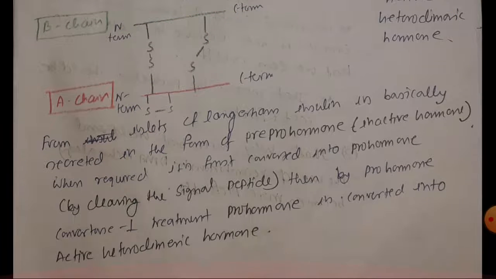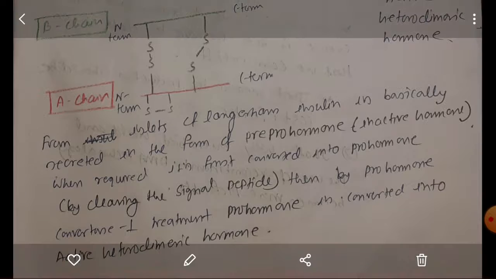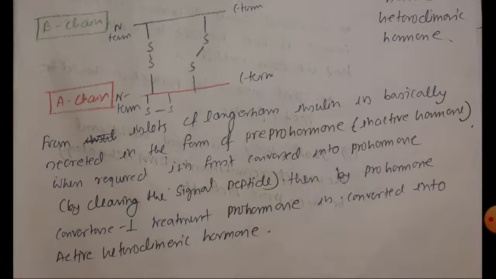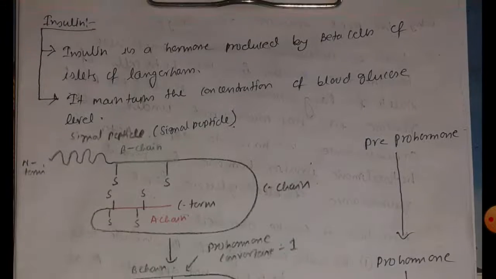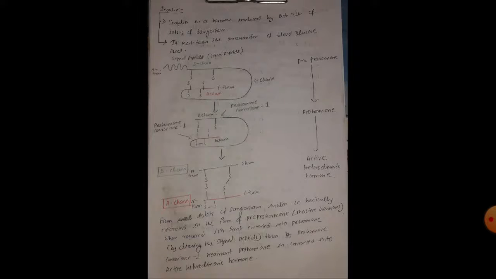So this is the natural phenomenon by which insulin is first synthesized in the beta cells of the islets of Langerhans of the pancreas in inactive form, then via signal peptide cleavage it is converted into prohormone, and then with the help of prohormone convertase 1 the C chain is removed, and we end up with the active heterodimeric form. This is the normal production of the insulin hormone.